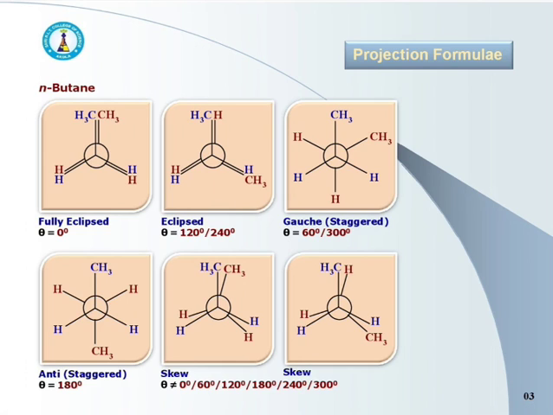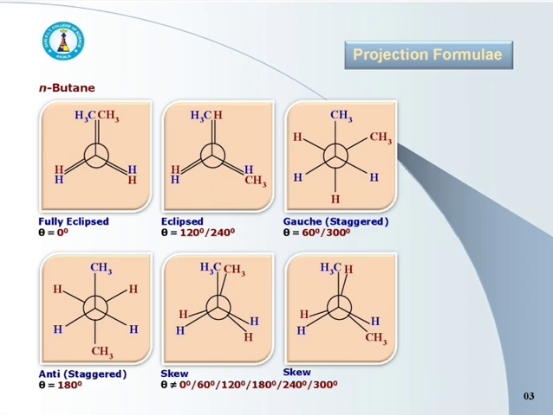So, conformation third is specially called Gauche conformation, and it has dihedral angle theta equal to 60 degree or 300 degree.